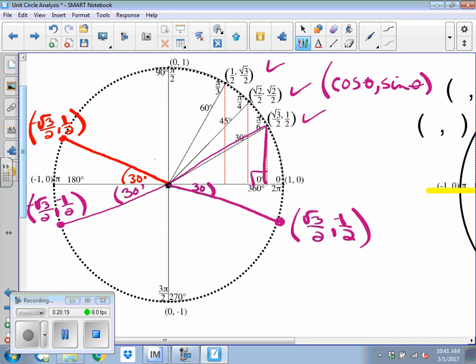Okay, here's 90 degrees. Cosine, sine. So sine of 90 degrees is 1. Cosine of 90 degrees is 0. Are you all with me? That's a quick way to show you all of those values.